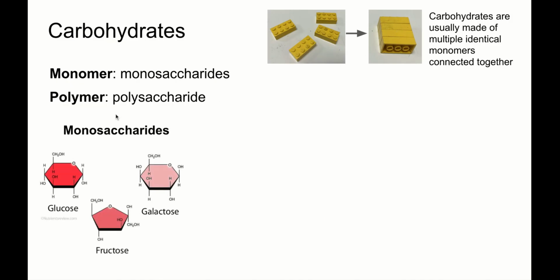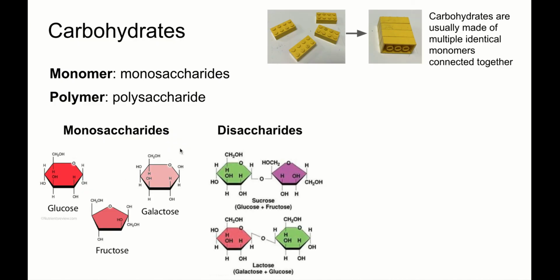Here are our monosaccharide varieties, and you don't need to write down these 3 varieties, but it's good to get an idea of the different kinds of monosaccharides. Glucose is by far our most important. It's a hexagon, but we've also got galactose, which is a slightly different hexagon, and fructose, which is a pentagon. We have some disaccharides.